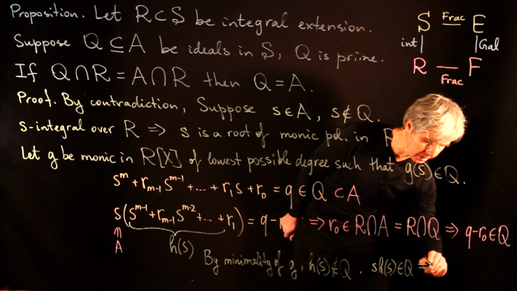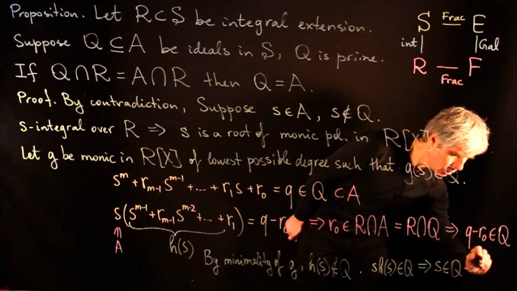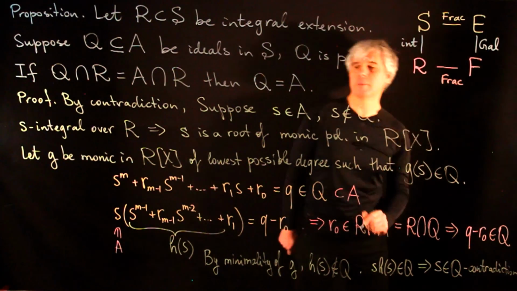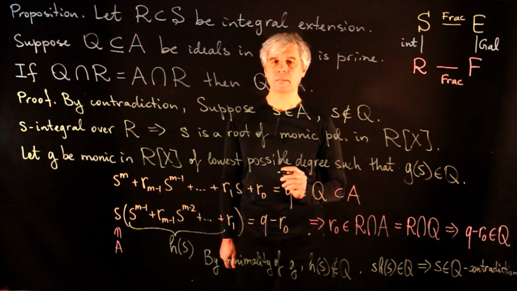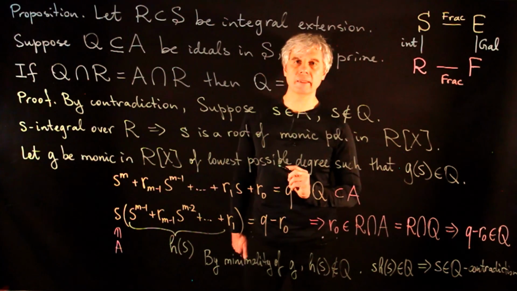So this tells us that s must belong to Q. And this is a contradiction because we assumed that s does not belong to Q. And this proves that the ideals Q and A coincide.